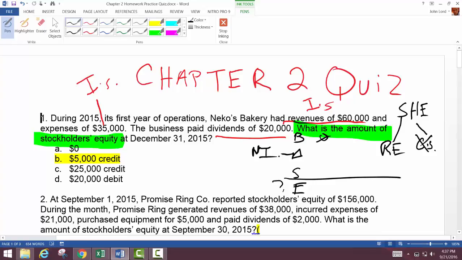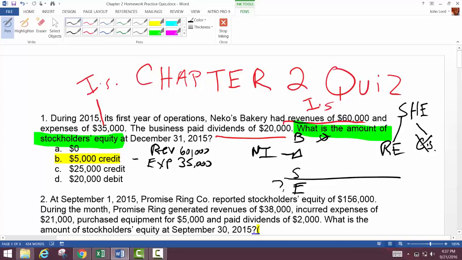So what I would do is go off to the side and calculate my net income. My net income is going to be my revenues, right? How much were my revenues? 60,000. Good. Minus my expenses. How much are my expenses? 35,000.